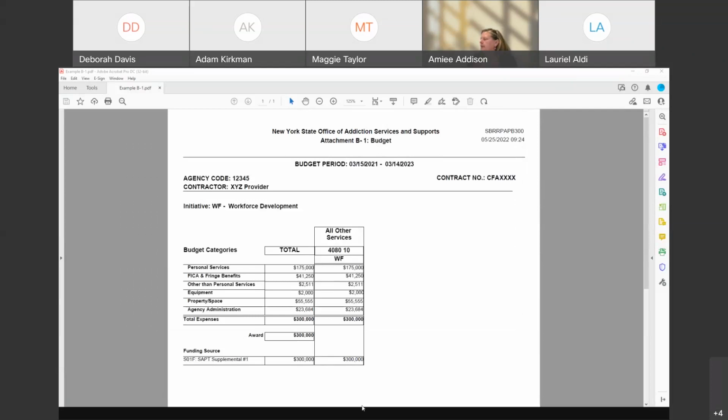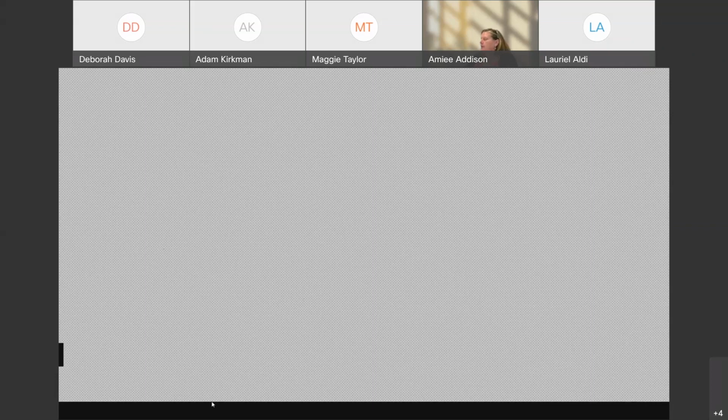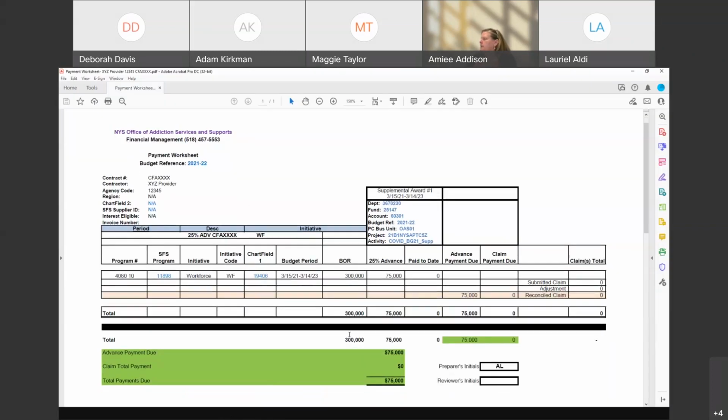Once everything is calculated, which usually occurs within 2 weeks, we would send you an email which includes your payment worksheet, which shows the calculation based off your budget of record, which was the $300,000, and the 25% equals $75,000.